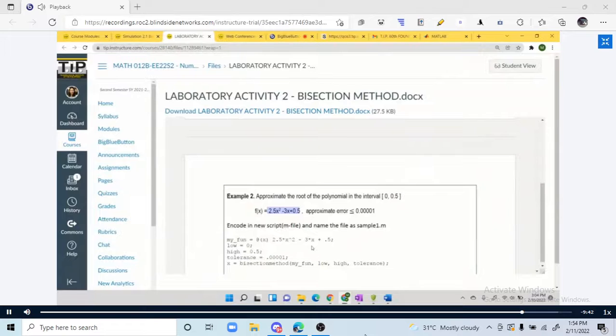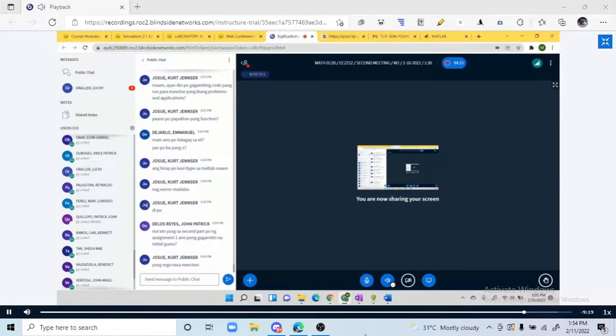Kasi bakit nag-error? Hindi mo siguro nilalagyan ng asterisk para sa multiplication. Di ba, halimbawa 2.5x squared, dapat yan 2.5 times. May asterisk dapat in between. 2.5 asterisk, tapos x, tapos yung caret 2. Pag wala ka nilagay na asterisk, talaga mag-i-error yun.